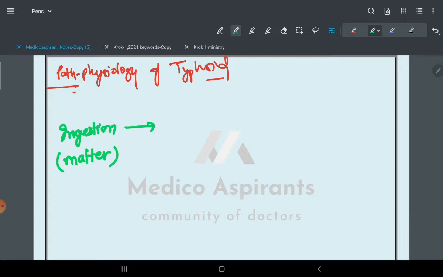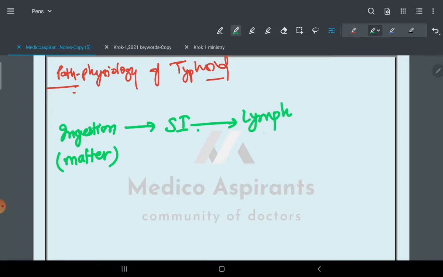The next is that the ingested bacilli invade the small intestine mucosa, are taken up by the macrophages and transported into the regional lymph node. In the small intestine, if you remember, absorption takes place, so here it goes through the lymph.